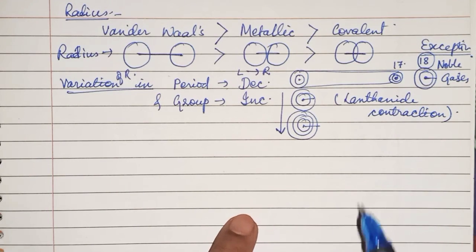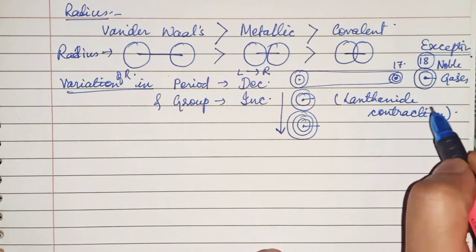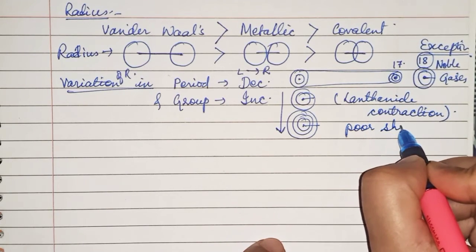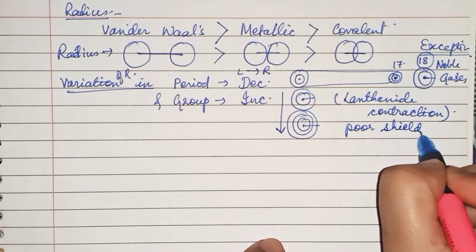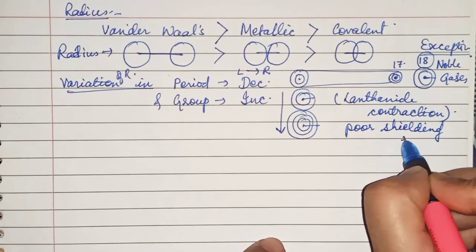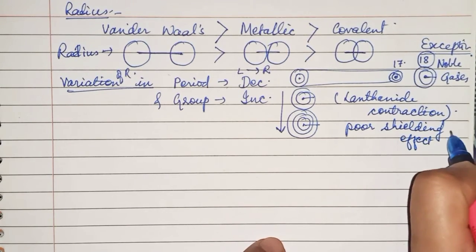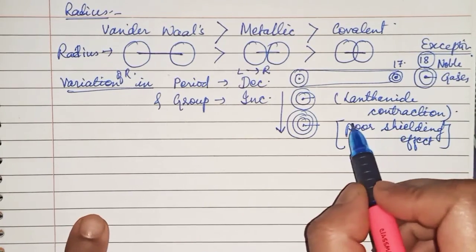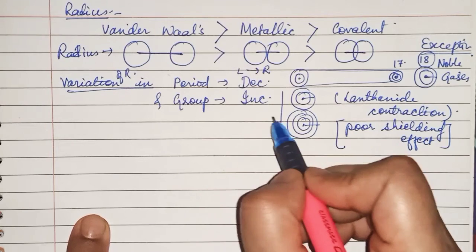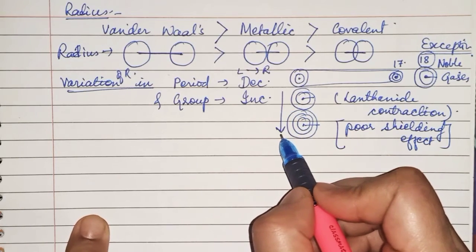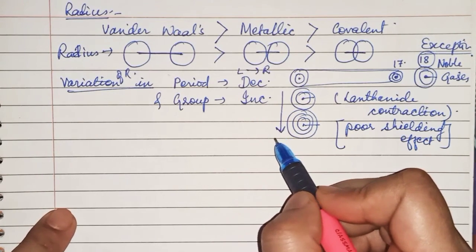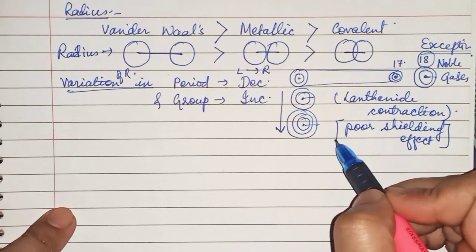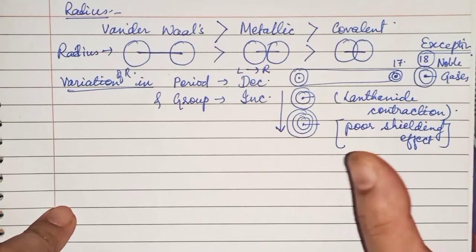But here you can say that lanthanide contraction is due to poor shielding effect. Poor shielding effect will cause this lanthanide contraction, so that there will not be a regular increase in the size of an atom. In a few groups you will find that there is very little or no change in the radius.